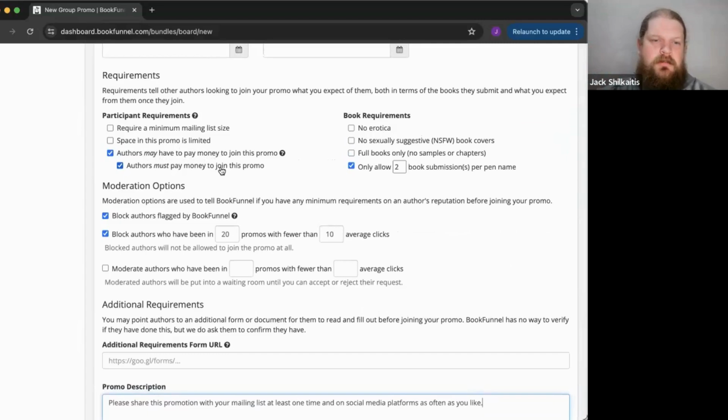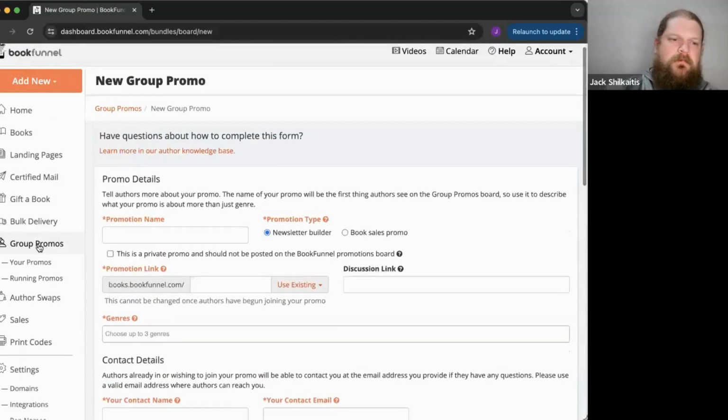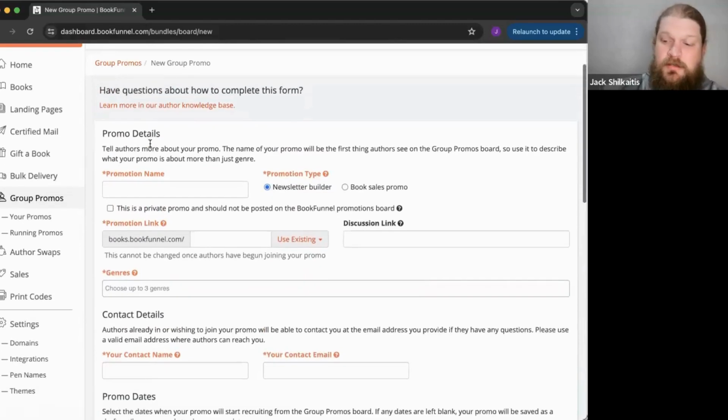But those would be the two main settings you'd want to use in order to make this a boosted promo, or just really to indicate that there's a requirement or an option to contribute money to the promo. Now, as far as finding them on the promos board, this is where I'll be quite honest. BookFunnel has a couple more things we can implement to make this easier to find.